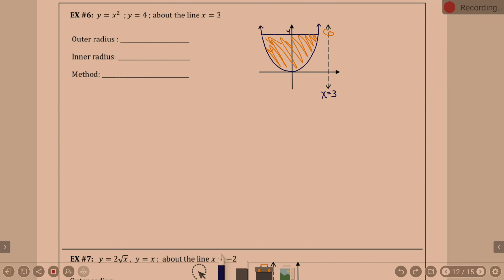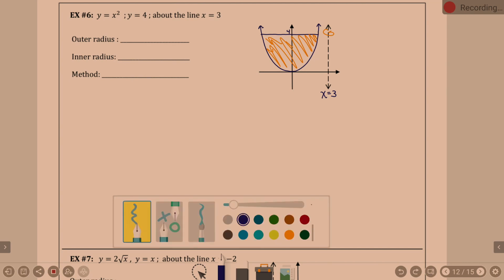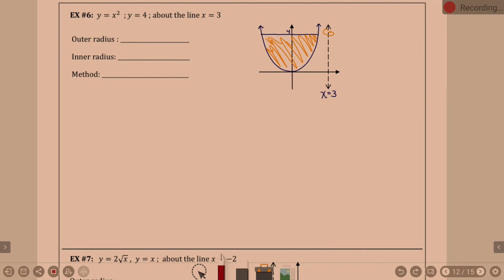With this in mind, we need some big R, little r action happening? Would the outer radius just be the outer part of the parabola, and then the inner radius is the one that's closer to the line? I think so. Outer radius is the one on that side, in quadrant 2.